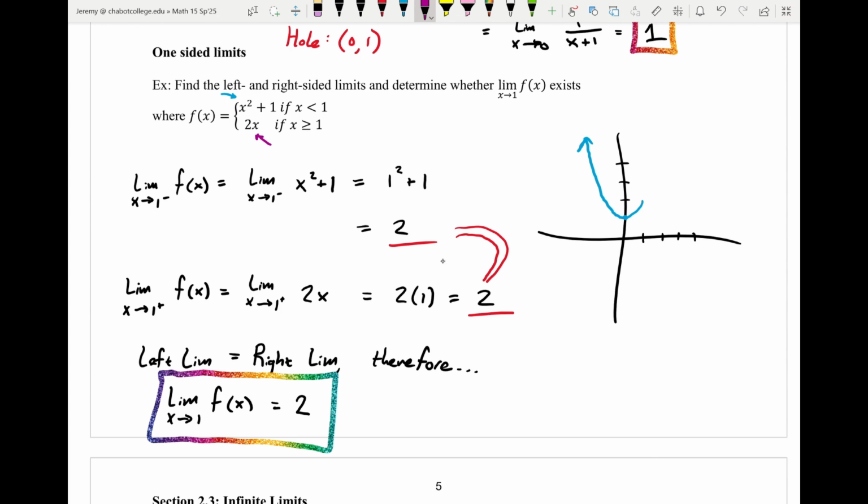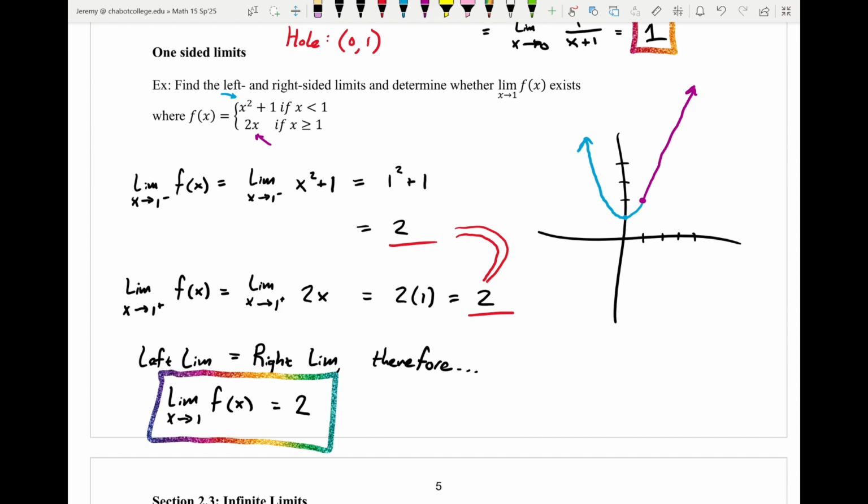So this graph looks like that, linear function going in that direction. And I'm going to draw a purple dot right there, just because if we plug in x equals 1, technically we're plugging it into that linear function there.